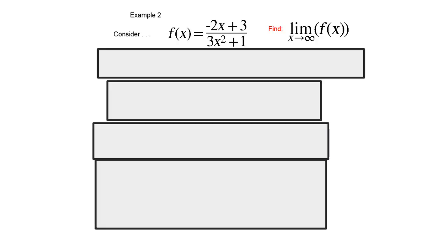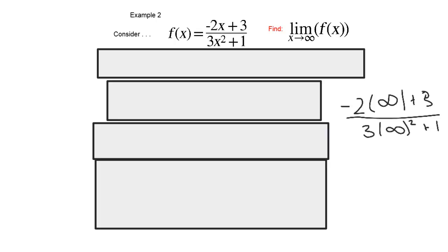Because when I do look at this, I get negative 2 times infinity plus 3 over 3 times infinity squared plus 1.